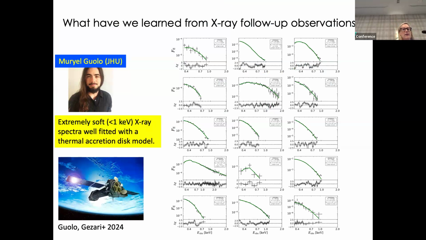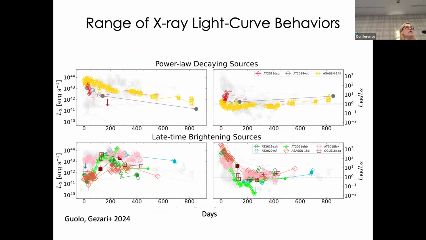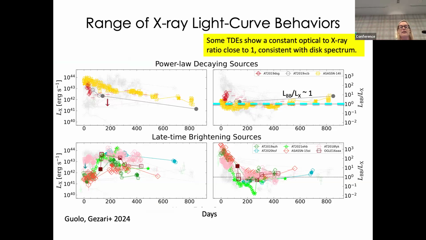They all look like very soft thermal spectra with almost all of the photons below 1 keV. However, while their spectral properties are quite similar, they show a wide diversity of behaviors in the time domain in the X-rays. So some show X-ray emission that declines as a power law along with the UV and optical, but others show initially faint soft X-ray emission that then dramatically brightens with time.